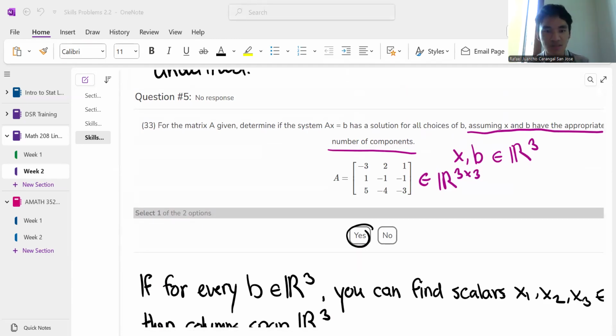And it's not. Why is it not? Of course it's going to be a no, because it's math. Why is it a no? Does it have a solution for all b? So we can write a linear combination.